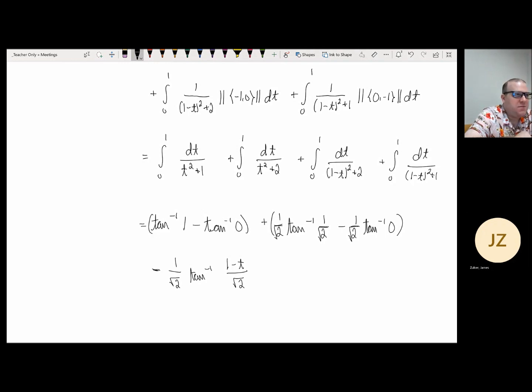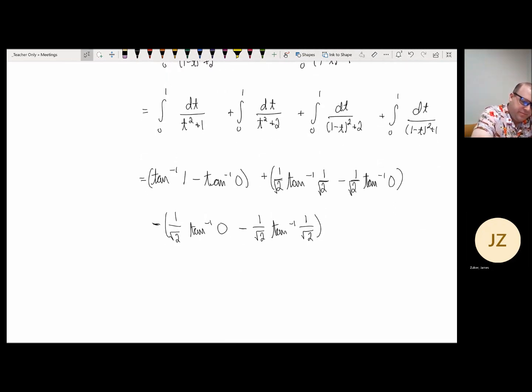But again, that's going to be from 0 to 1. And then that last one would just be negative inverse tangent of 1 minus t. Again, from 0 to 1.